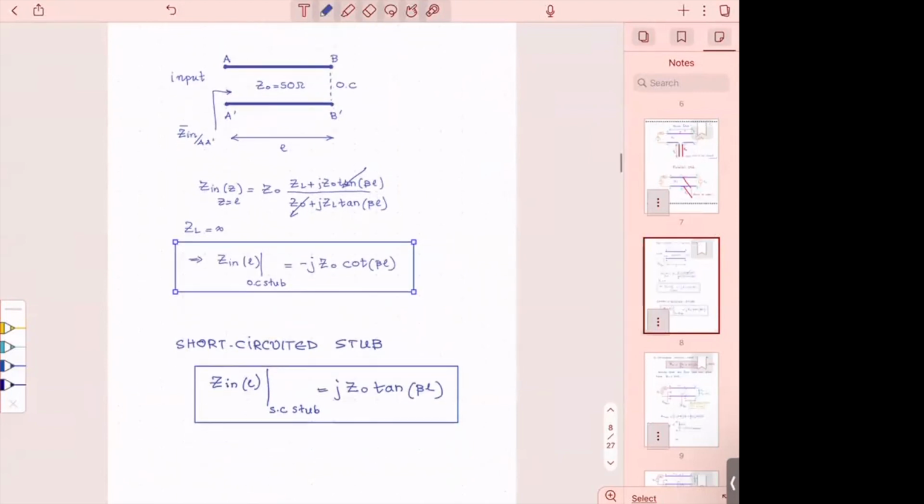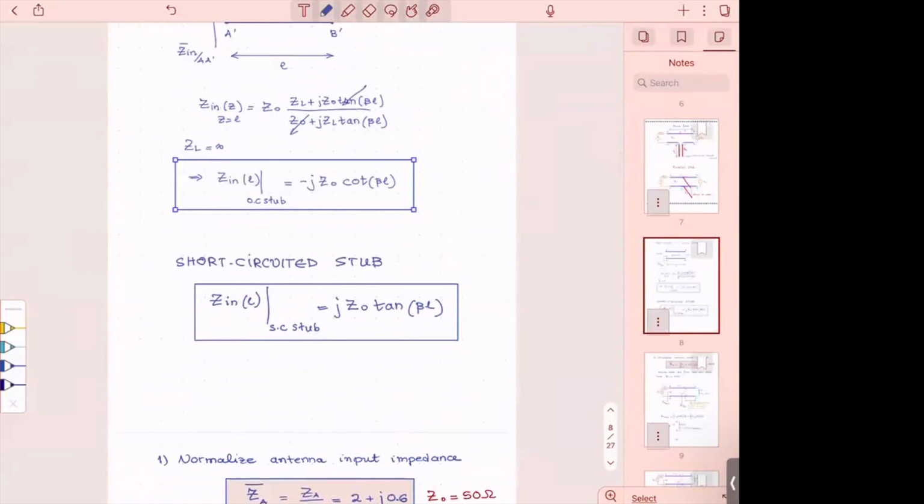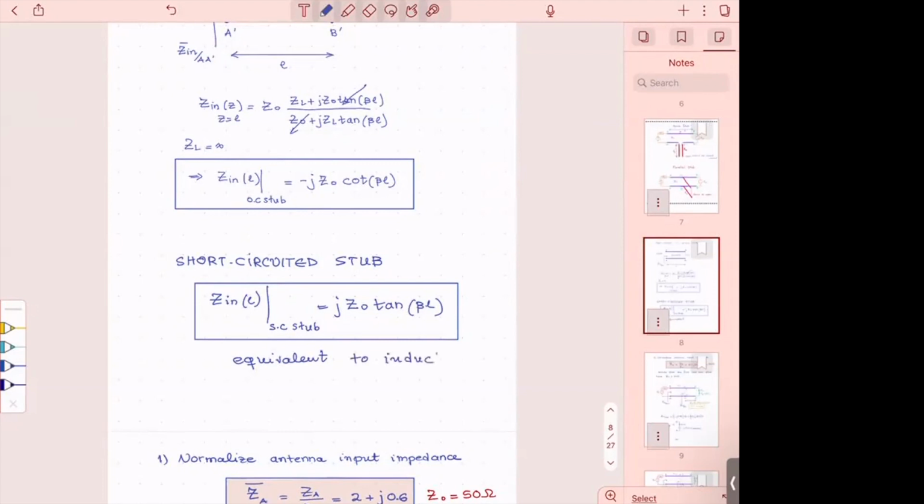All right. What does that say? That a short-circuited stub will be something equivalent to an inductor. That could be the J omega L. So it's equivalent to an inductor, assuming, of course, that the value of tangent beta L is positive. All right. Equivalent to inductor, and then here in parentheses, I put tangent beta L larger than 0.